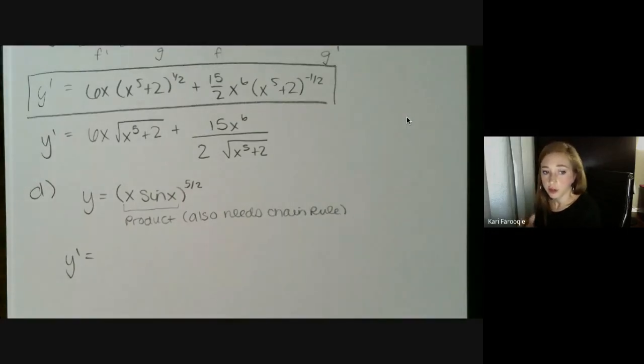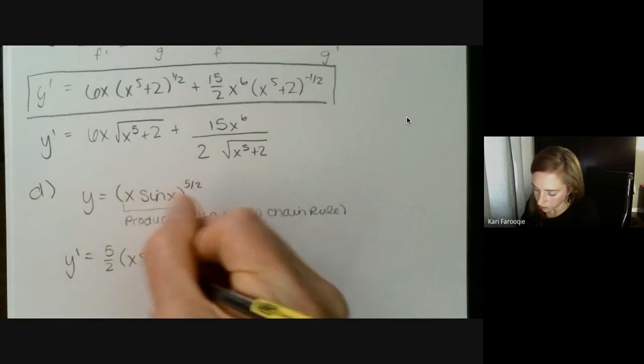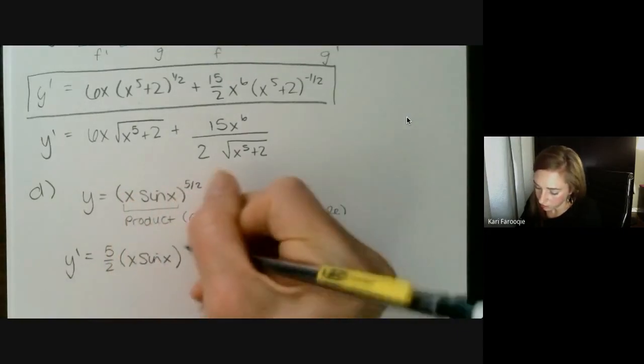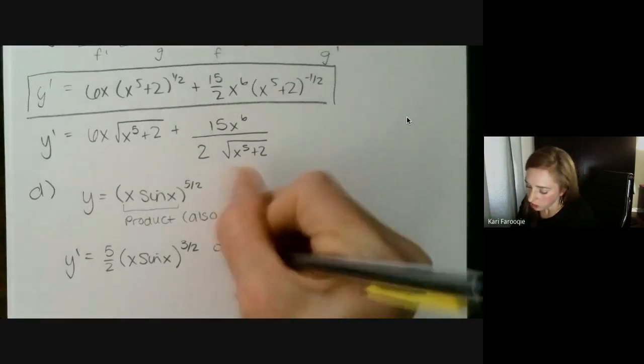All right, so we're going to treat this like it's x to the 5/2, but we're going to chain on the derivative of the inside function. So we're going to bring down the exponent, rewrite the x sine x, decrease the exponent by 1. So 5/2 minus 2/2 is 3/2. And then we're going to chain on the derivative.